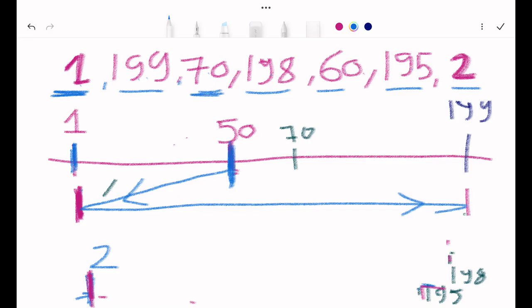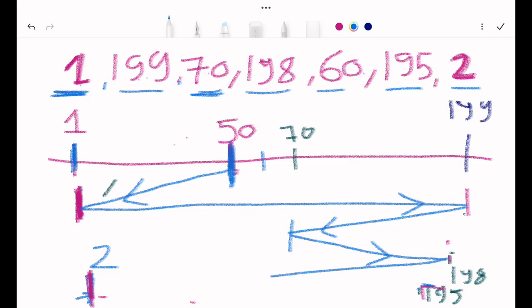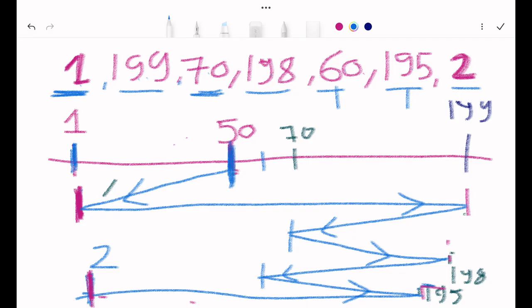So where is 70? 70 is here. Next, I will execute 198. Next, I will execute 60, which may be somewhere here. Next, I will execute 195. At last, I will proceed with 2.